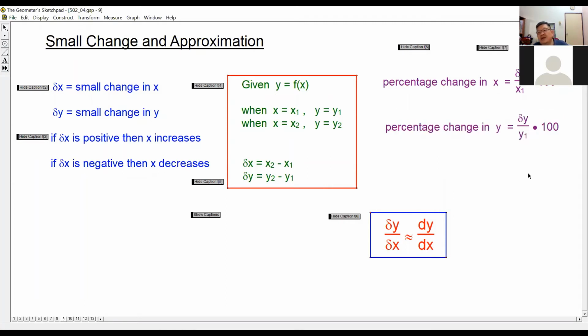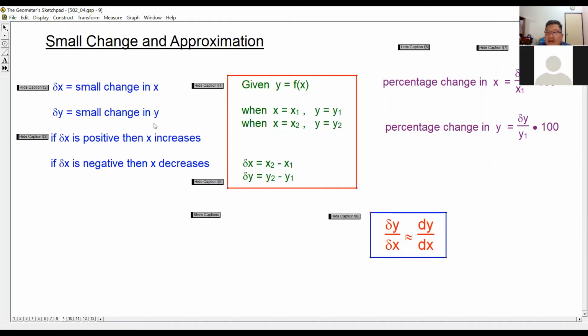You may ask where the x2 comes in. It is already inside delta x, because x2 minus x1 is your delta x. You may ask, this formula only has y1, where is the y2? The y2 is included inside the delta y, which is y2 minus y1.